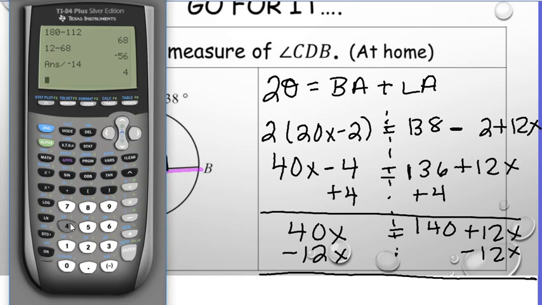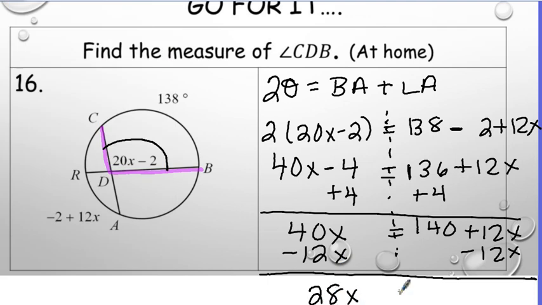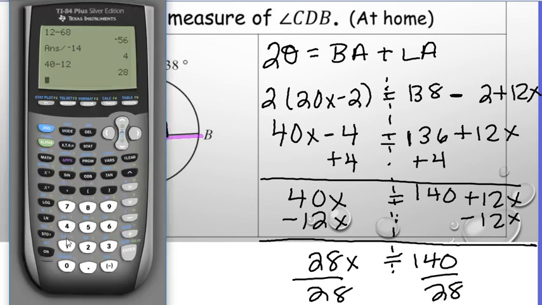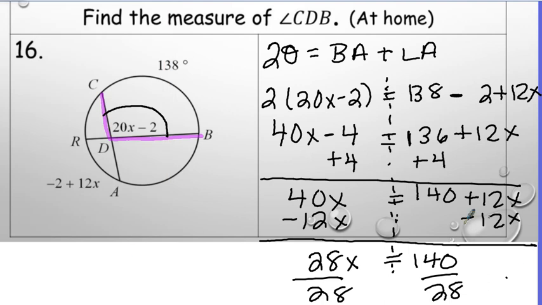So we get 40 minus 12, which equals 28x. And this equals 140. And then we're going to divide by 28. So 140 divided by 28 equals 5. So x equals 5.